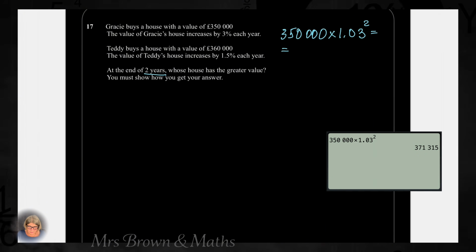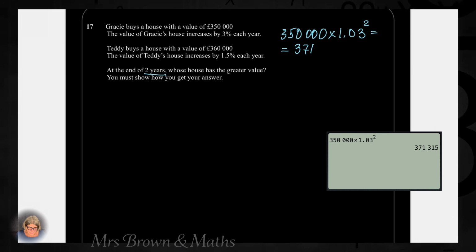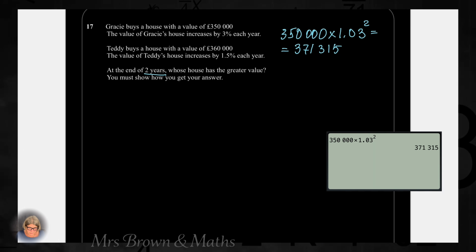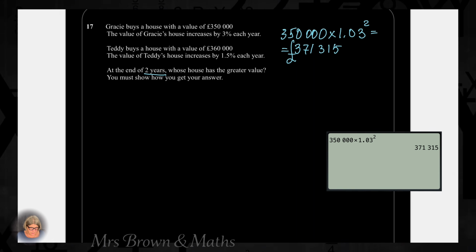So in 2 years the price of the house will be 371,315 pounds.